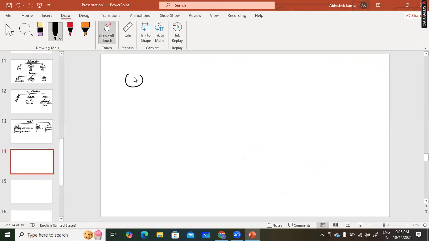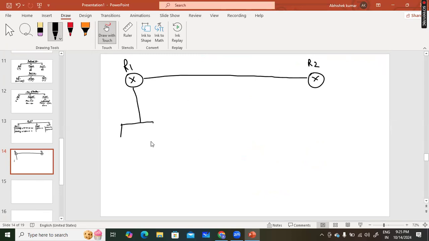Let's suppose there is router 1 connected to router 2 like this, and they are connected with switches like that. And we have configured the IPs as well.